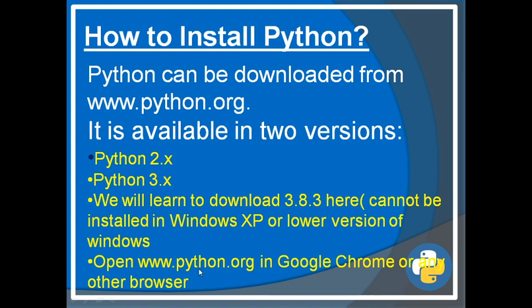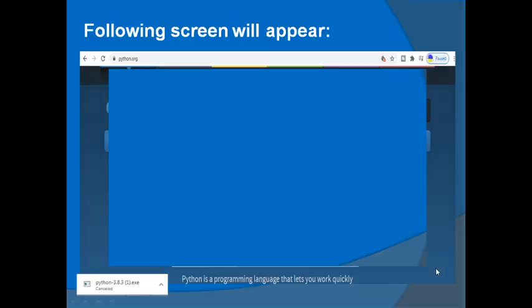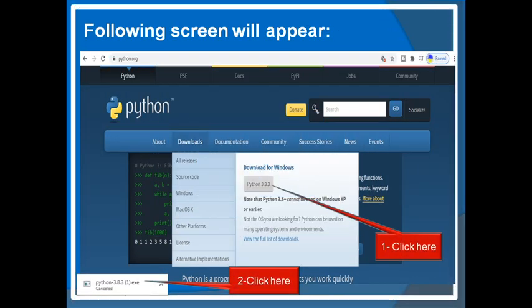Open www.python.org in Google Chrome or any other browser. You will see such a screen in front of you like this. Bring your cursor over this downloads menu. Automatically, download for Windows Python 3.8.3 will appear like this. Just click here and it will start downloading at the bottom of the web browser.